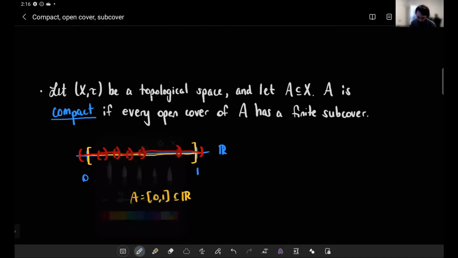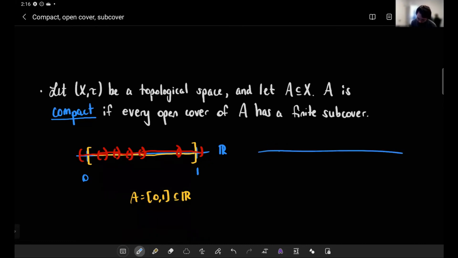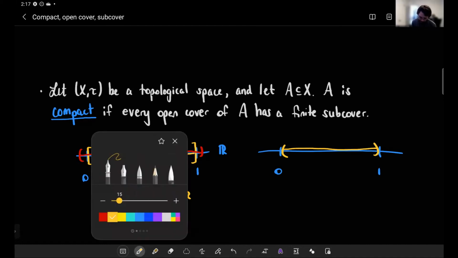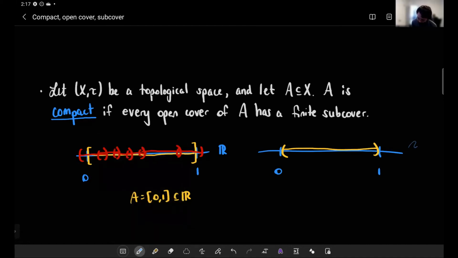How about something that's not closed? Well, let's try 0, 1 again, but open this time, so it's not closed, and so it won't be compact. Let me just repeat myself. This is an open interval. It's not closed, but it is bounded.